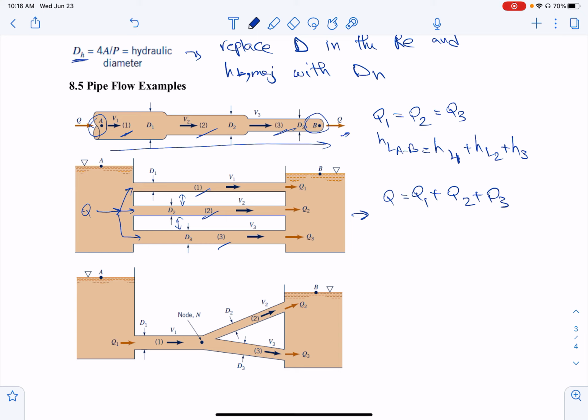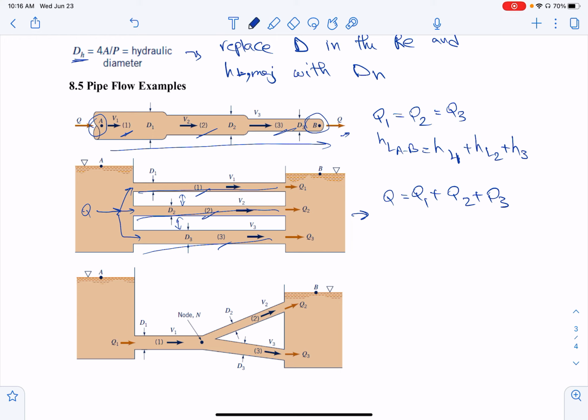And then also the combination of the losses. So we can say that the loss here is equal to the loss here. I mean, in this pipe here and this pipe here and this pipe here, the losses are the same.